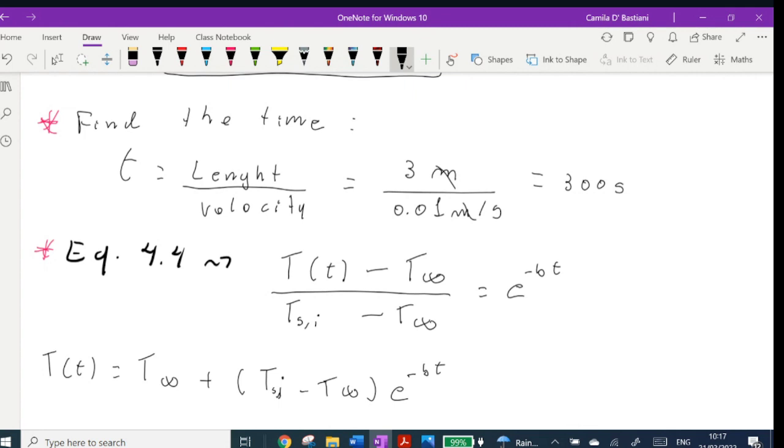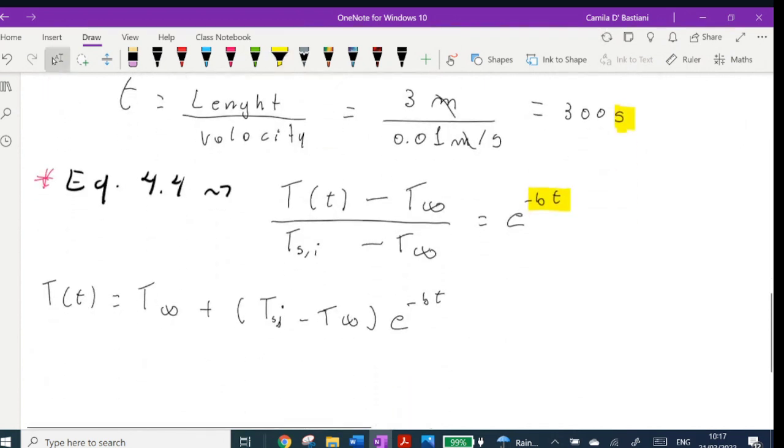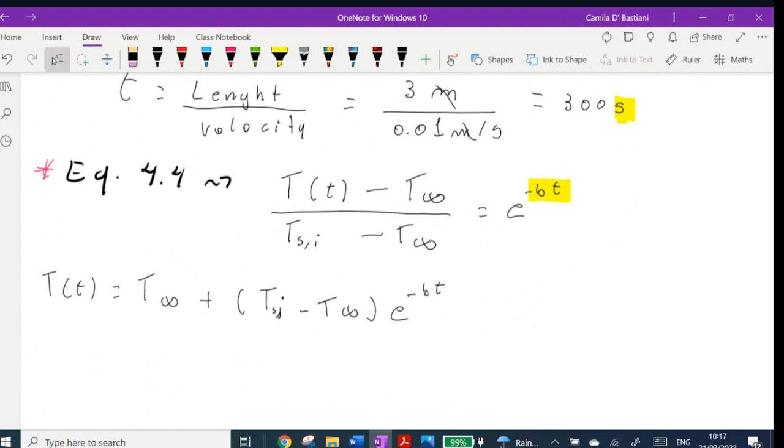Notice that the unit of my B is second to the minus one. Unit of time, second. So when I multiply one by the other in this part here, they are going to cancel each other, okay? That's how I'm going to end up with just a unit for temperature. So my temperature at my time t is going to be my temperature of the air.